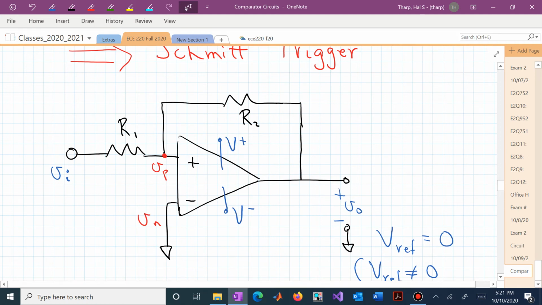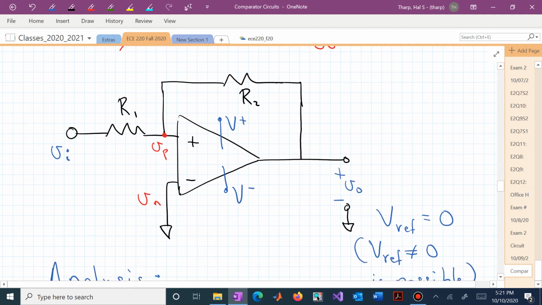So our reference voltage is 0. We want to know, if we had an input voltage V sub I fluctuating around 0 volts, are we going to be seeing this violent swinging between V plus and V minus at the output?